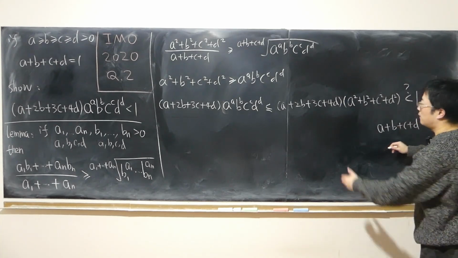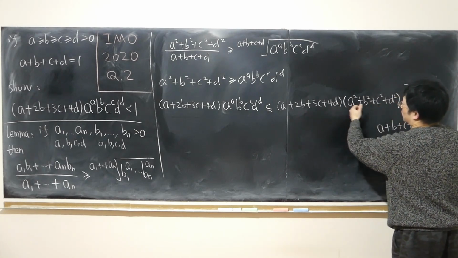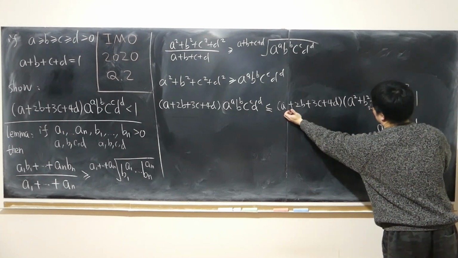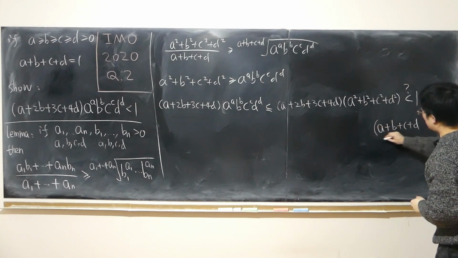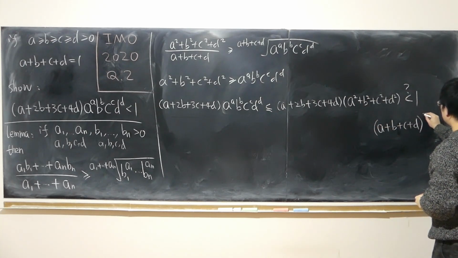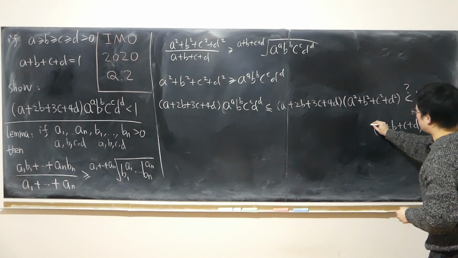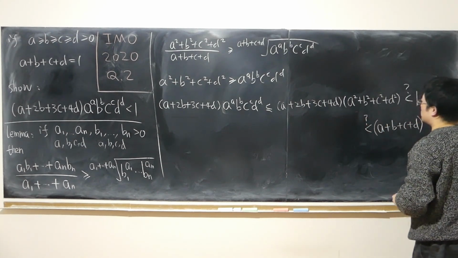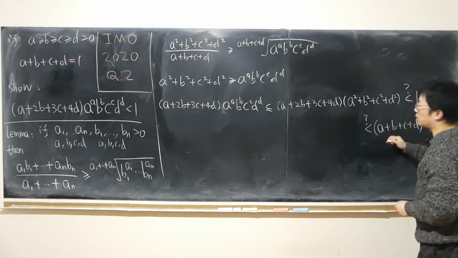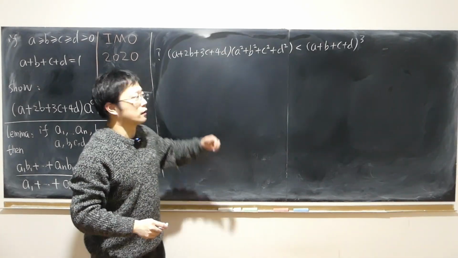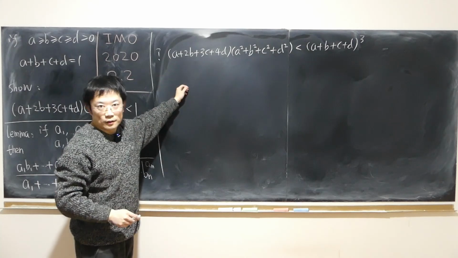But the fact that these multiply out give us a polynomial of degree 3, so I can rewrite 1 into their sum to the power of 3. It's the same thing. As long as I can show this is true, then we're done. So can we show this inequality is true? Right? If we can, then we're done.